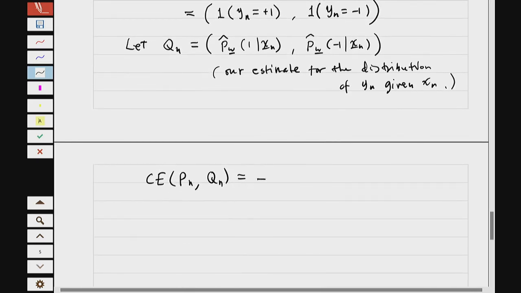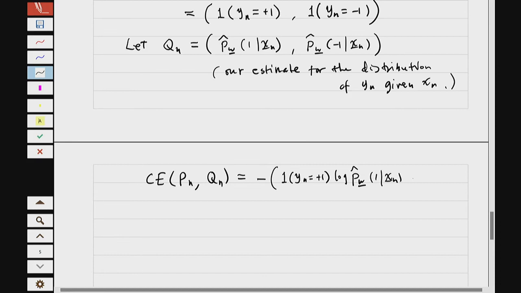So it's negative, and it's a sum. We only have two cases, either +1 or -1. So this is the first term of Pn, the indicator that yn is 1, multiplying the log of the first term of Qn, which is the probability of 1 given xn.